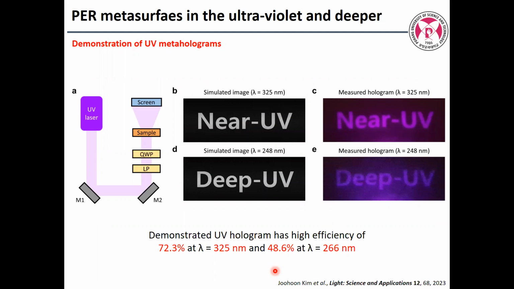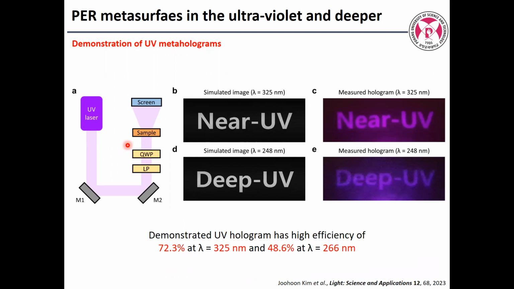We couldn't make a lens here yet, because the UV laser is usually very high power with a pulse issue, so the lens itself is damaged or it is hard to observe the focusing itself. But we're trying to solve this problem to make UV and deep UV metalenses.